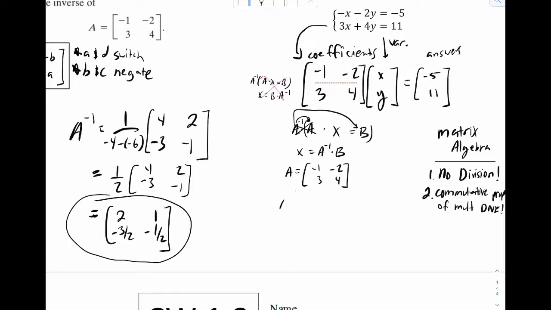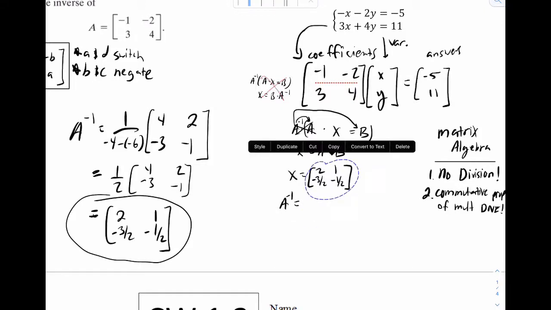That's convenient, it's the same matrix as earlier. So we're going to grab this: [2, 1; -3/2, -1/2], and multiply it by matrix B. Actually, let me make this a little bit nicer. X equals, this is our A inverse, put that there.